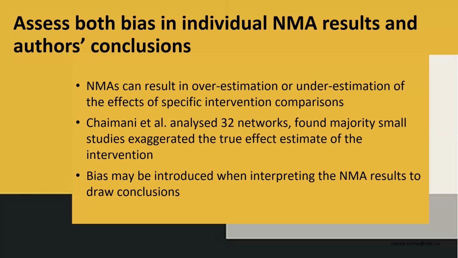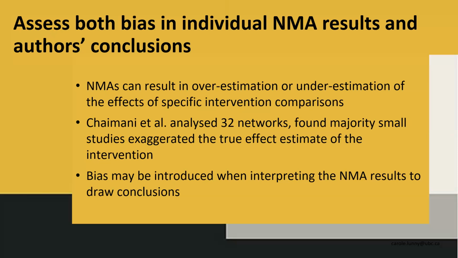For example, Chaimani et al. conducted a network meta-epi study, and they found that in the majority of the 32 networks that they analyzed, small studies tended to exaggerate the true effect estimates of the intervention, possibly due to small study effects and publication bias.